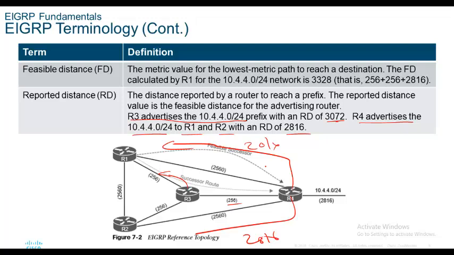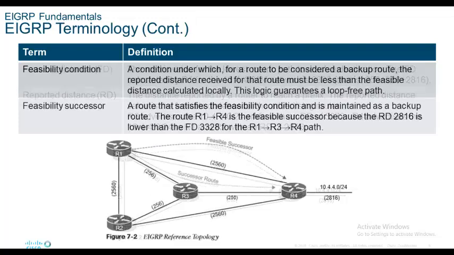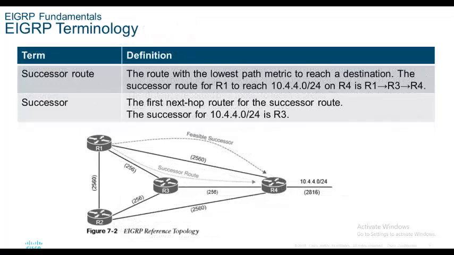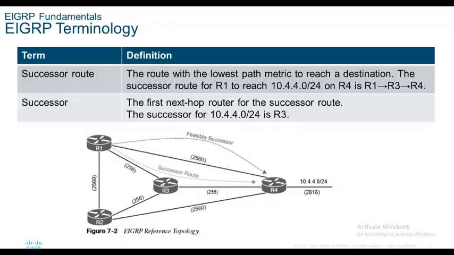But now we are seeing feasibility successor, which was not discussed anywhere before. If you are clear with these four things, then you will not have confusion when I talk about feasibility successor and feasibility condition.